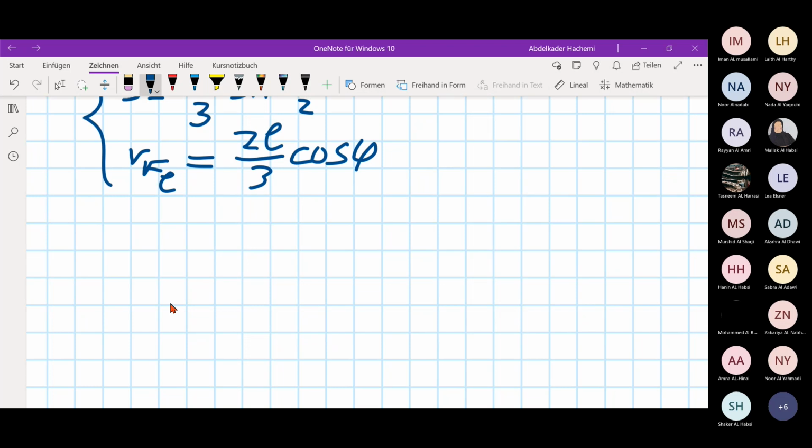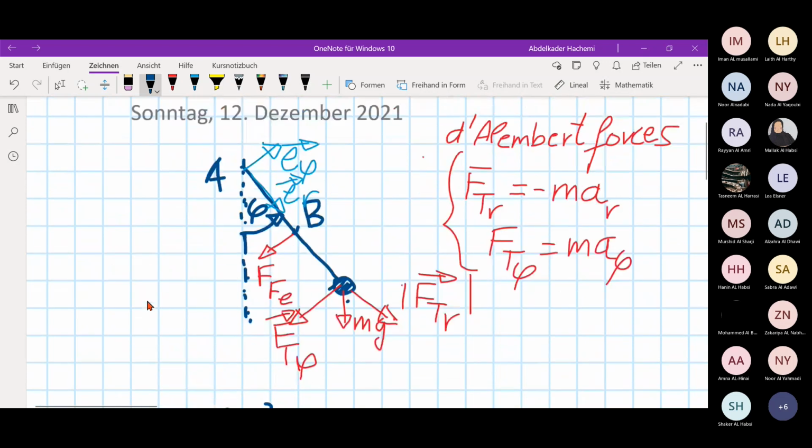In this case we would use two equations, but we can use one equation where we make the sum of the moments in point A equal to 0. Then here we get, as moment, mg multiplied by this distance here.